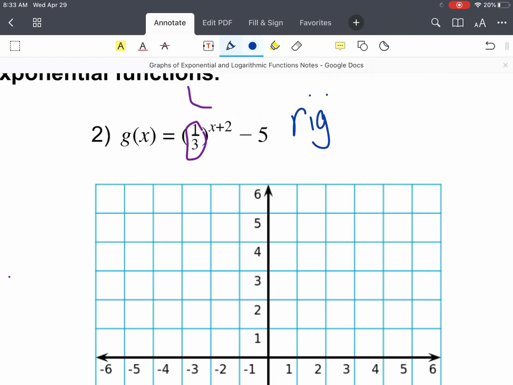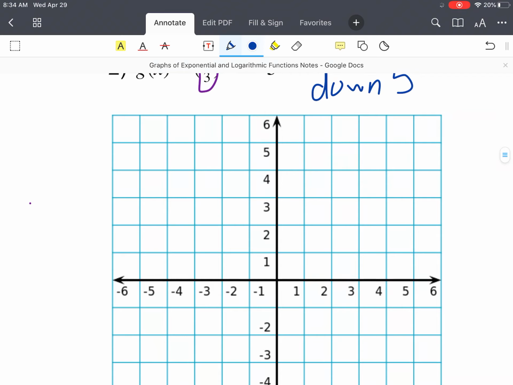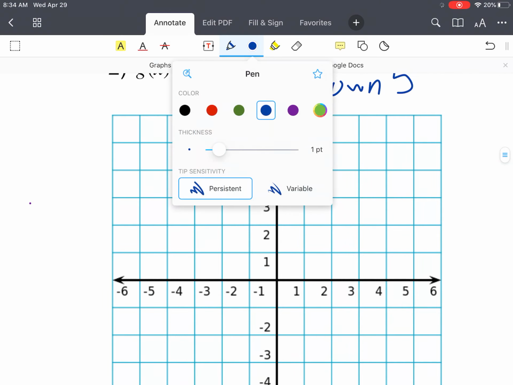Okay, so this one's going to look like this because of that 1/3. All right, now we're also going to go right to, I'm sorry, that's wrong. We're going to go left 2, and we're going to go down 5. Okay?